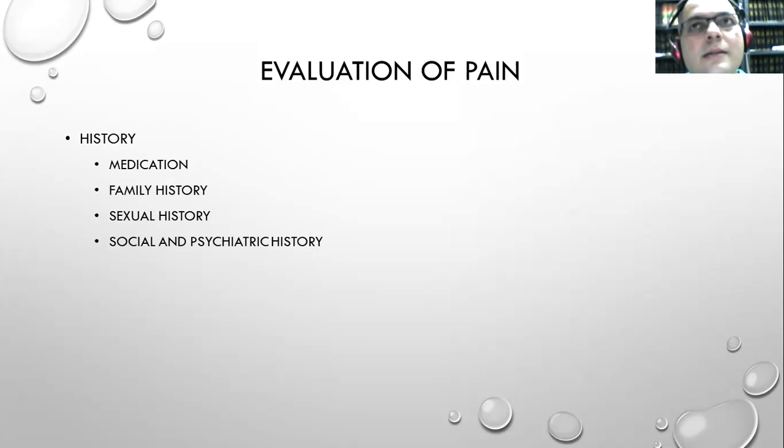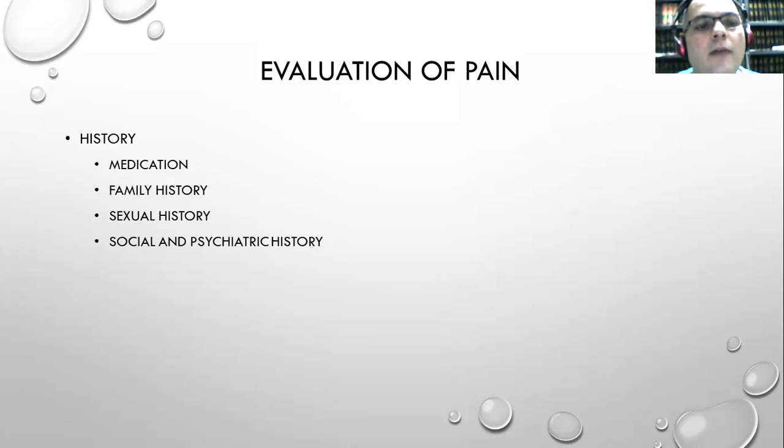In some cases the drugs might precipitate pain, when you take sulfa drugs or barbiturates and the child comes up with pain, then the child must be having porphyria. We must know the medication history also.